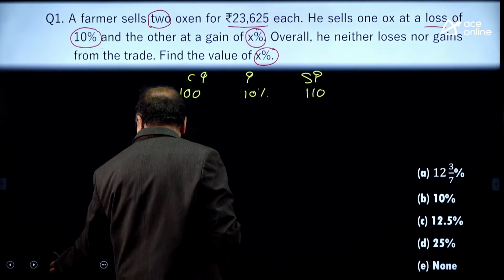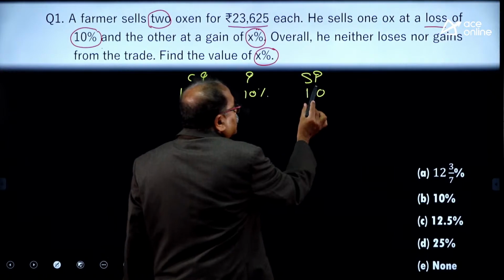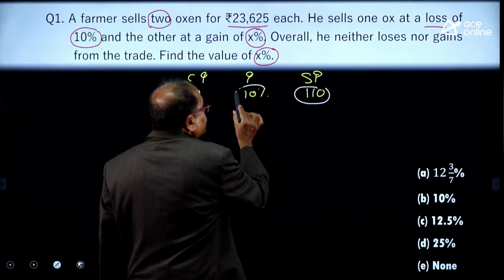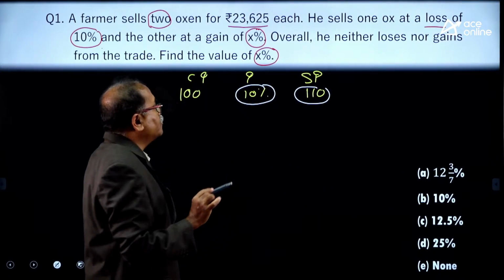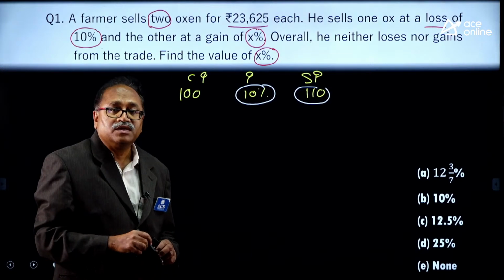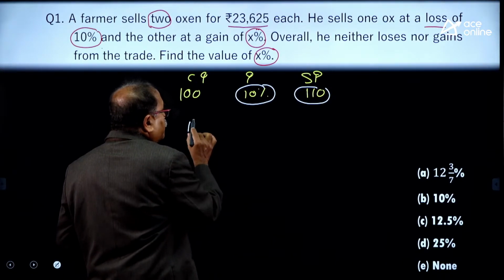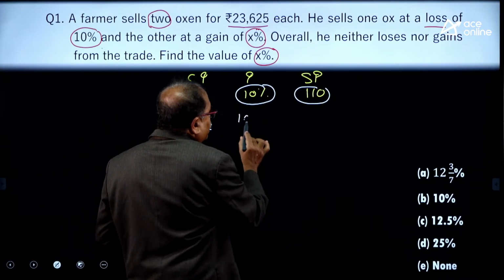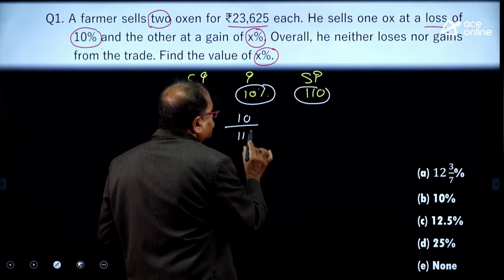And if you have the selling price and the profit percentage, can you find out how much is the profit? Yes, in that case the profit will be 10 over 110.